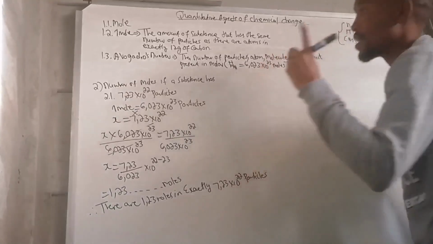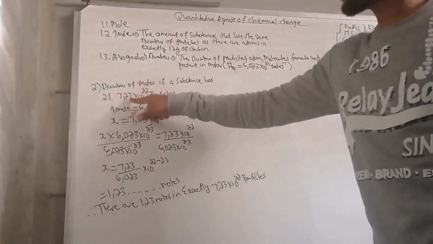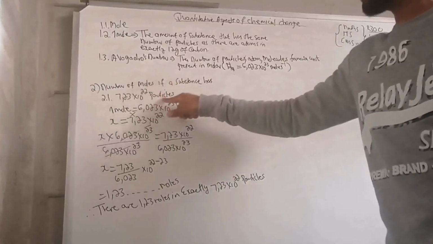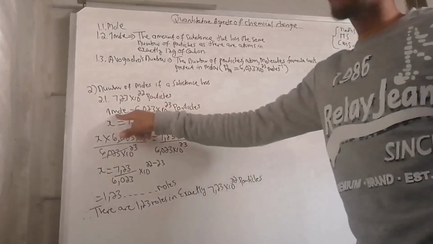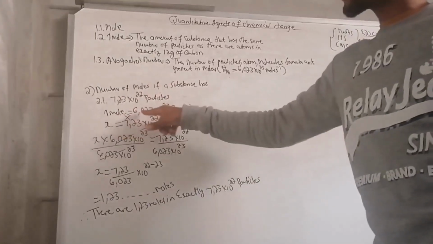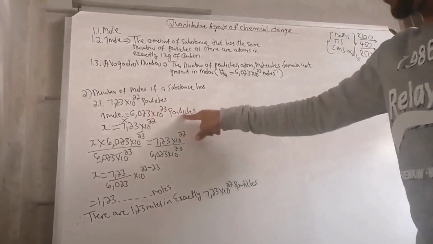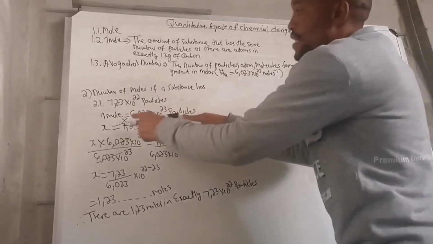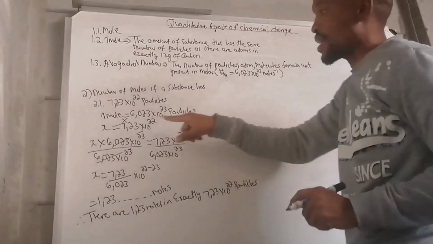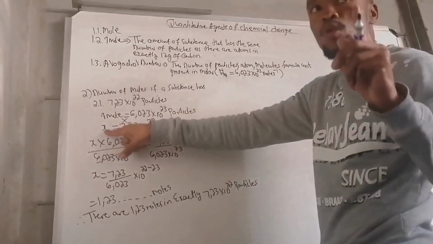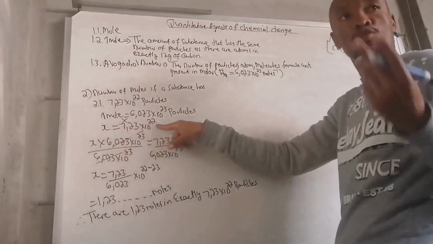Remember the mole concept: in one mole, there are exactly 6.023 times 10 exponent 23 particles. So, how many x moles are there in exactly 7.23 times 10 exponent of 22 particles?